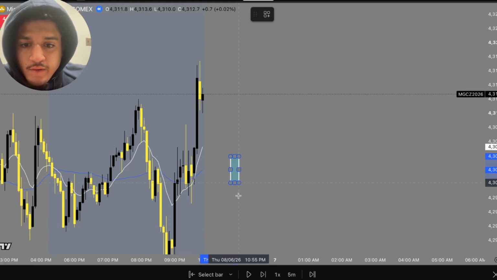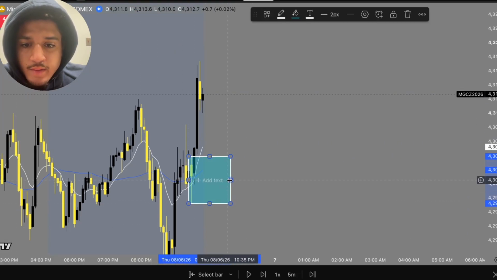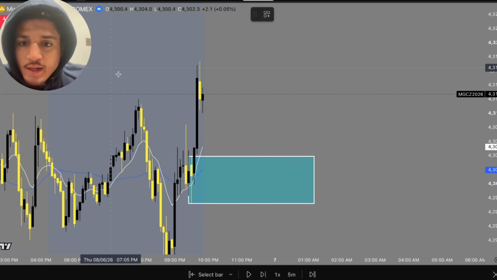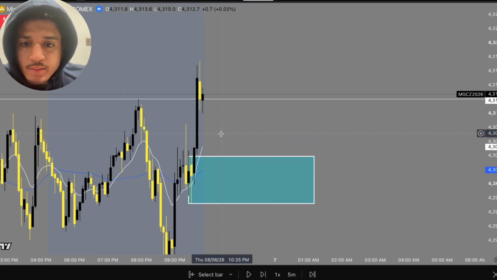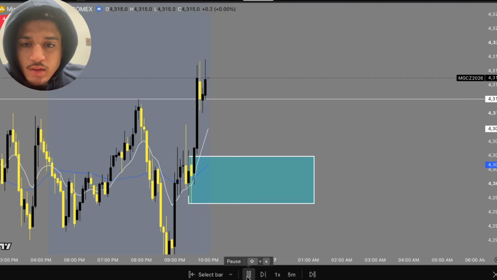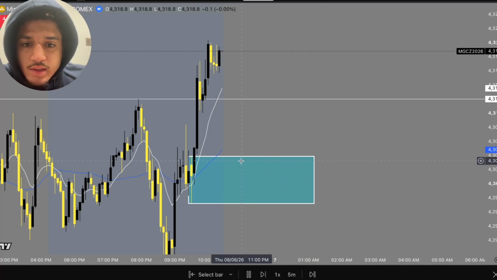Here could be a trade if we push back pretty fast. We get our gap. Highs broken there. Let's see. All right, it's taking too long. Wouldn't take this anymore.